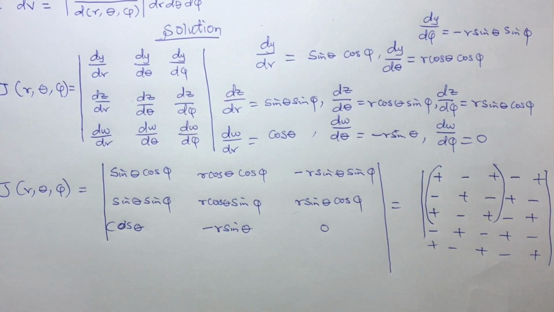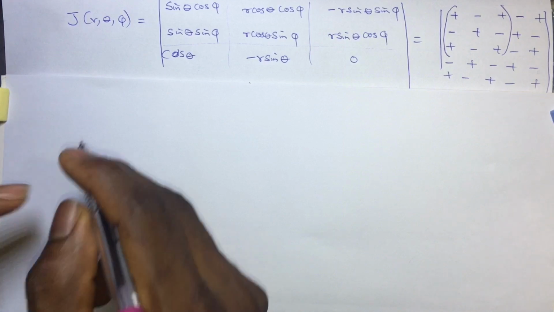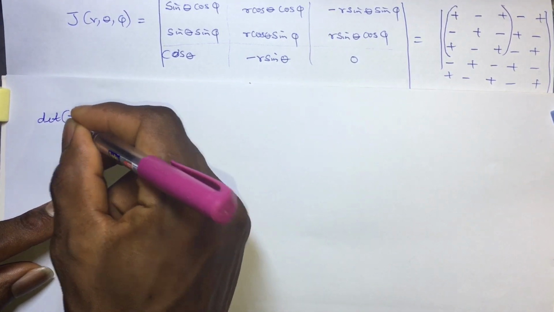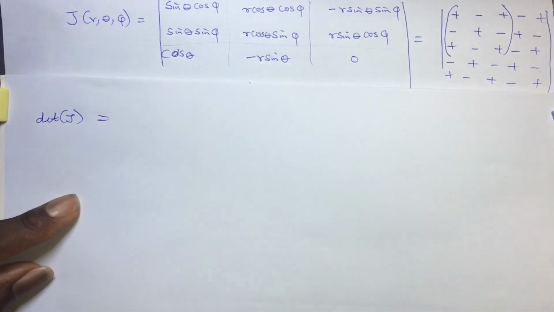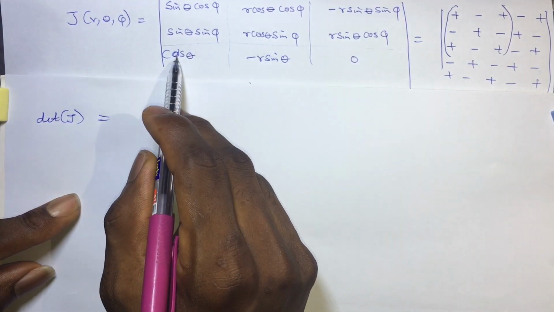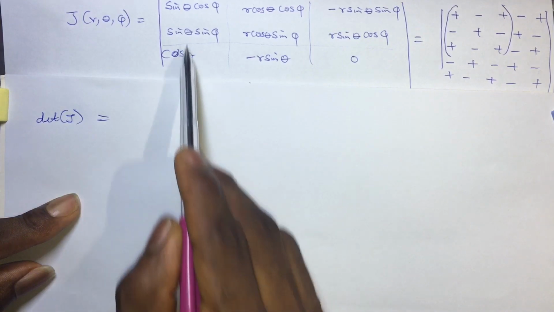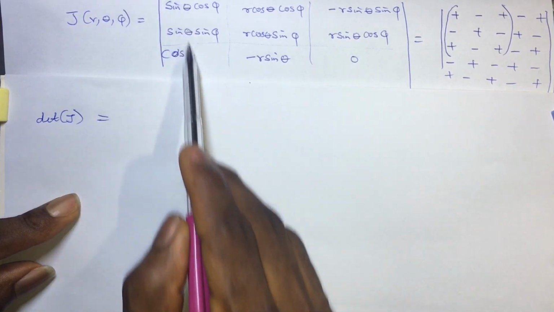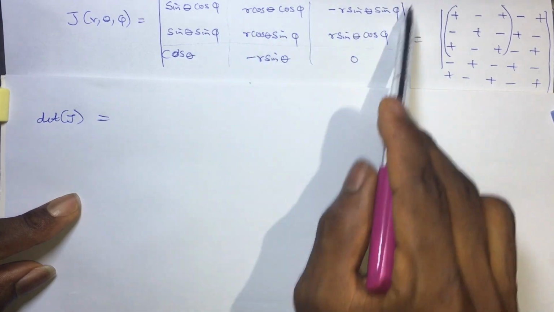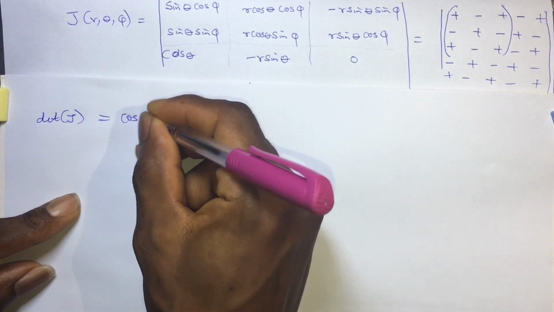Now, looking for the determinant of this matrix, I have the determinant of the Jacobian to be equal to... Now when I map out this particular entry, I map it out because it is found in this column and also in this row. Now what is left out are these particular entries. So we have cos theta.